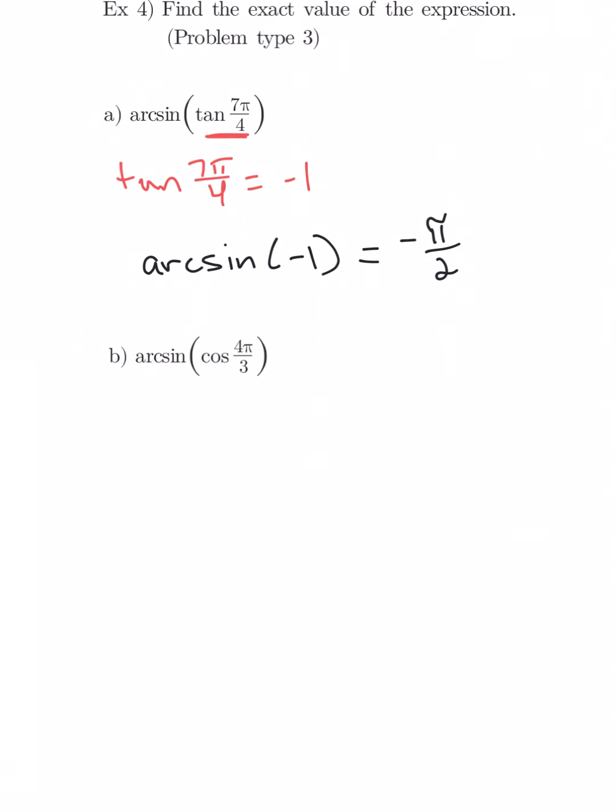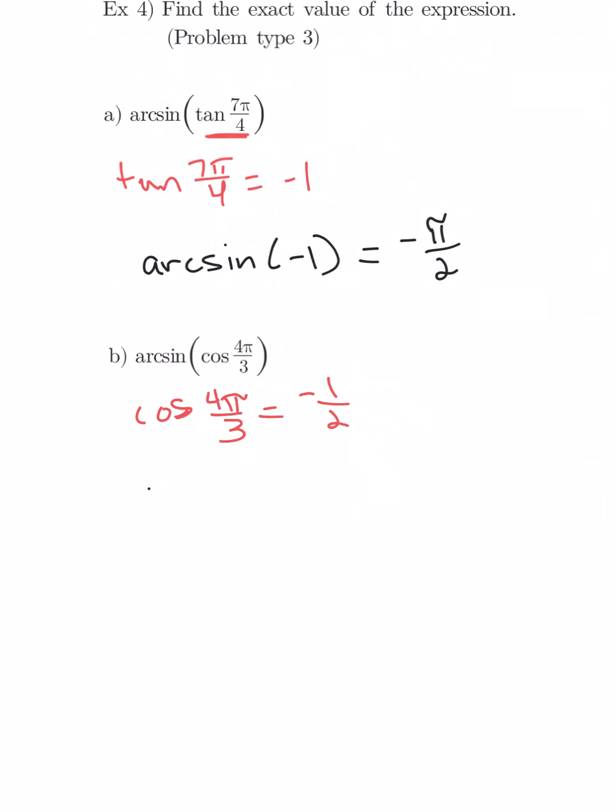On B, we want to do the arcsine of the cosine of 4 pi over 3. So the first thing we're going to do is think about the cosine of 4 pi over 3. What does that equal? That equals -1/2. So we are going to replace cosine of 4 pi over 3 with what we know it's equal to.